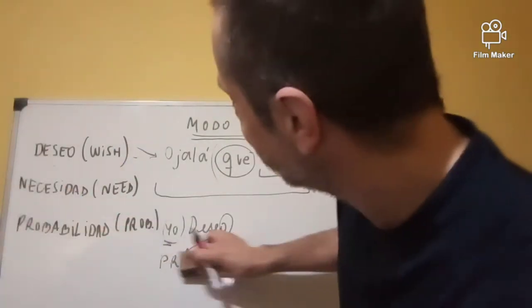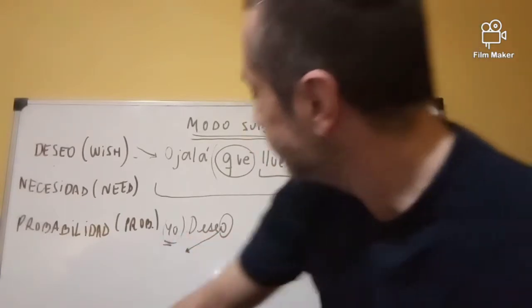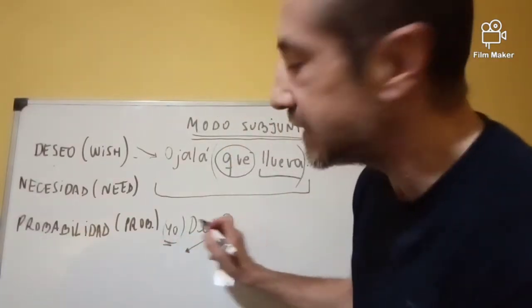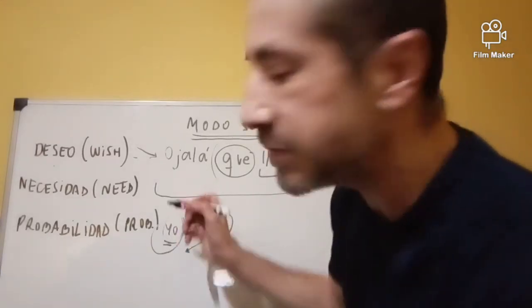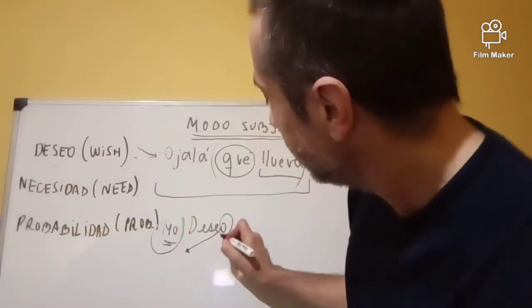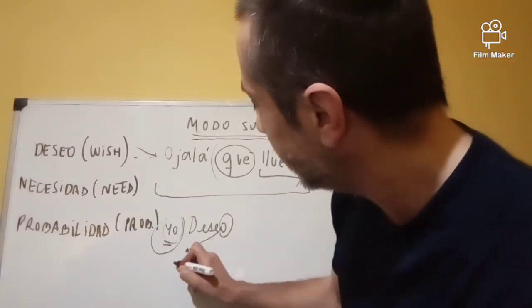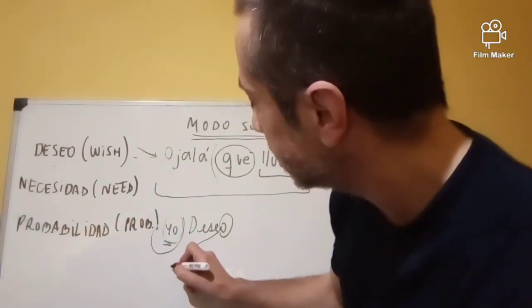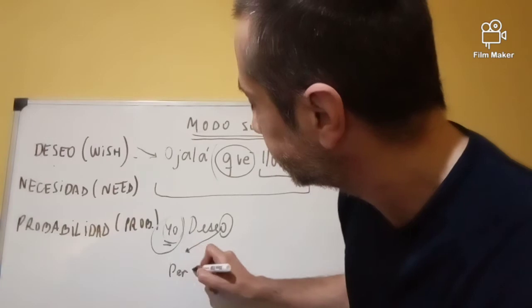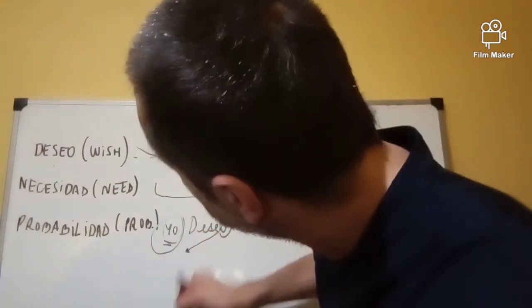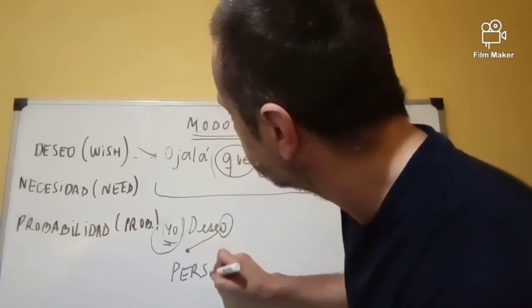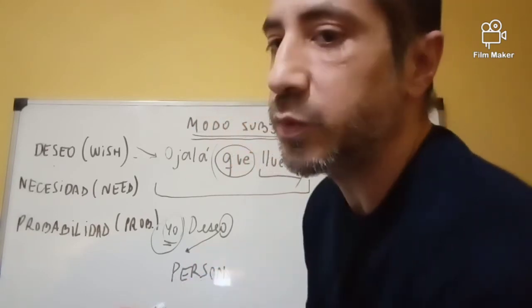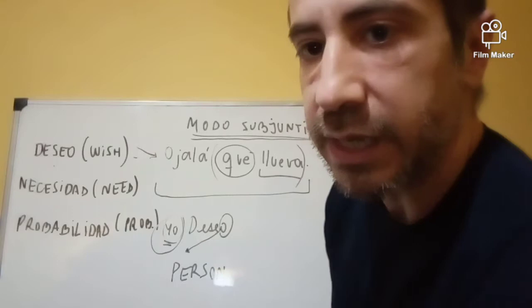This O makes it unnecessary to put this pronoun here, because this O gives information about a person. We know that the pronoun here is yo.